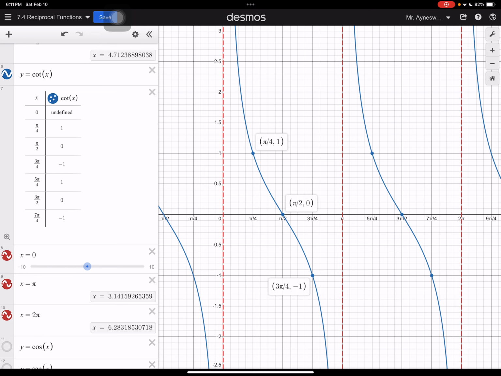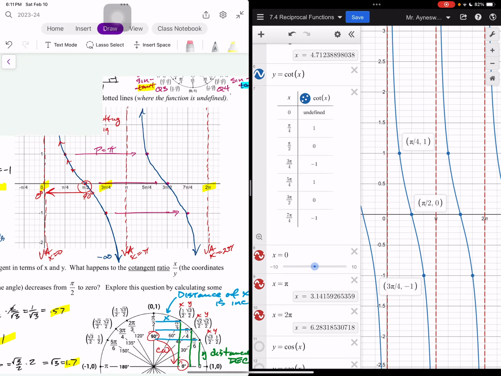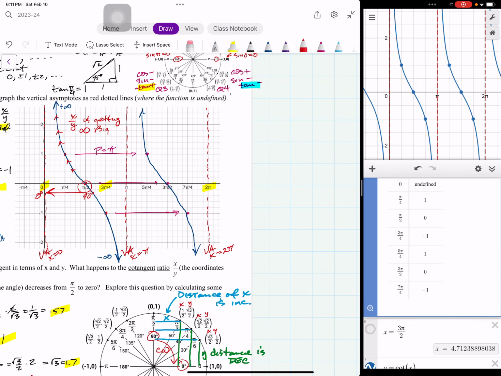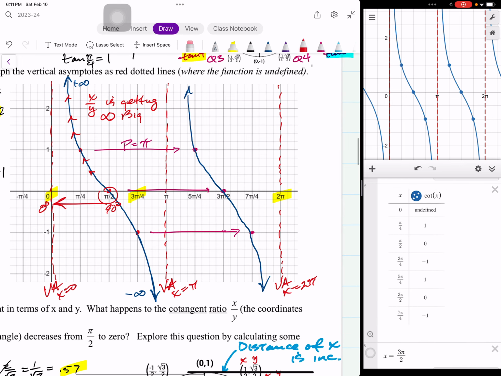Let me see if I can put this side by side here. Aha, there we go. There's my cotangent function. Let me see if I can get some values here. Oh yeah, look at this. I love Desmos.